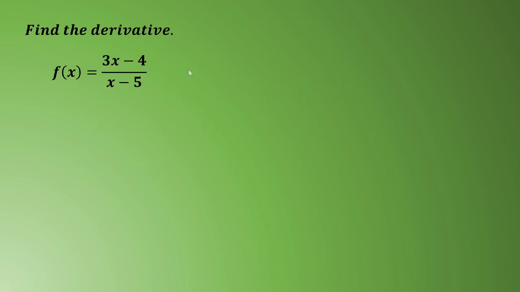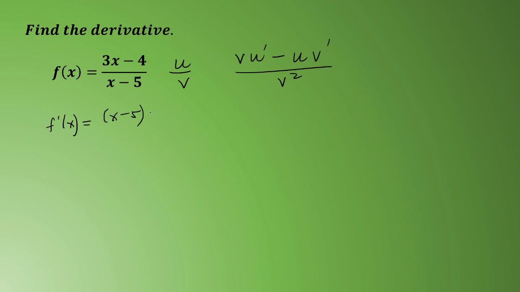Here, we're going to use quotient rule to get the derivative. So let us have, this would be u and v. So let us use the formula v times the derivative of u minus u times the derivative of v over v squared. So to get f prime of x, let us copy our denominator.